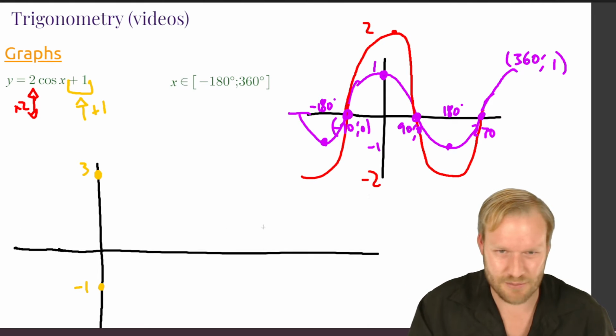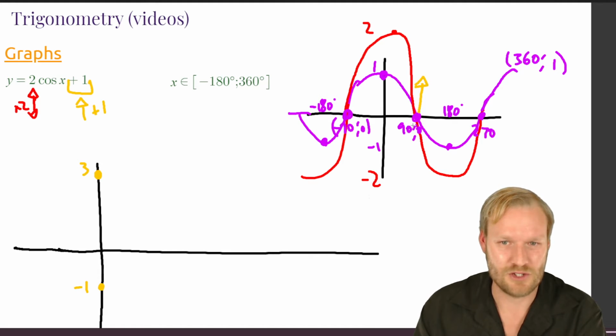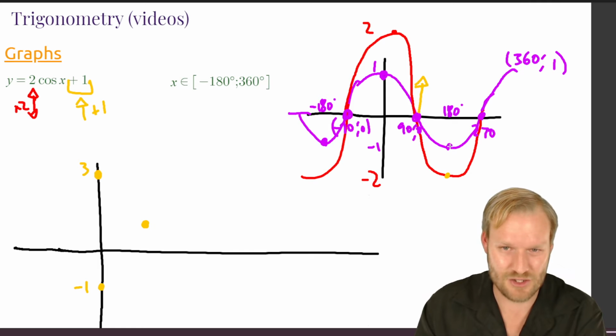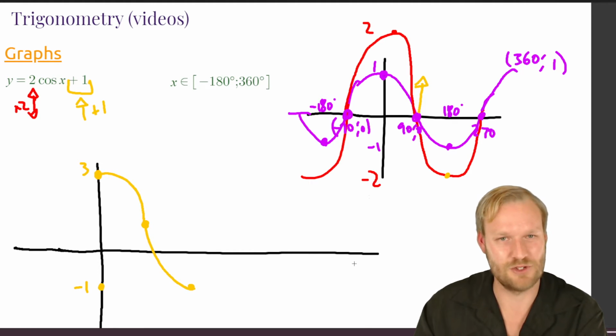And now these bits in between, everything's moved up by 1. So at 90 degrees, we're going to be at 1 now. At 180 degrees, instead of being at minus 2, we're going to be at our lowest point of minus 1. So the graph's going to have more of that type of shape to it, right?